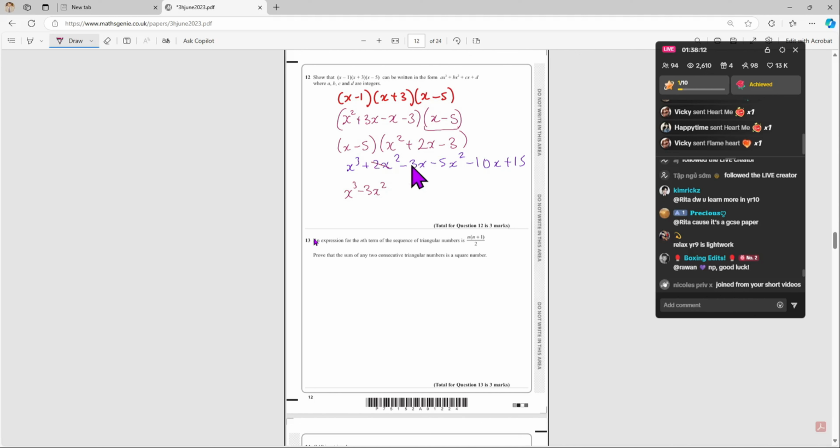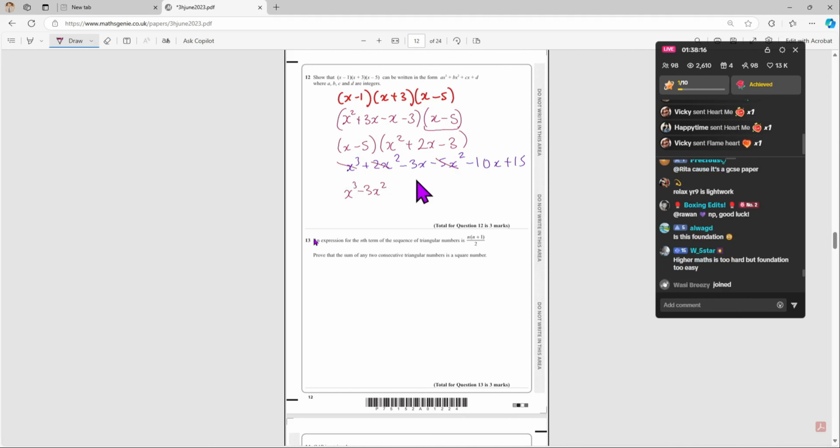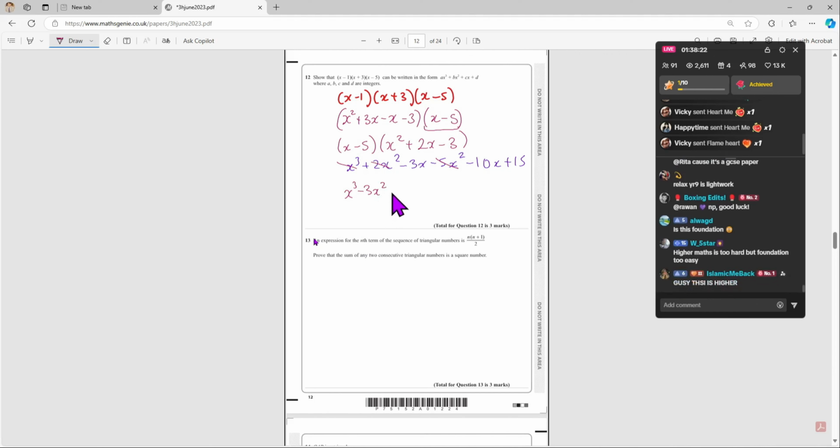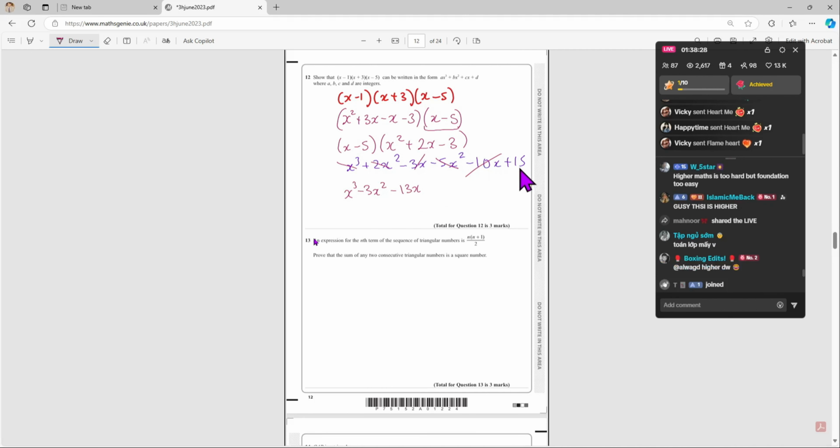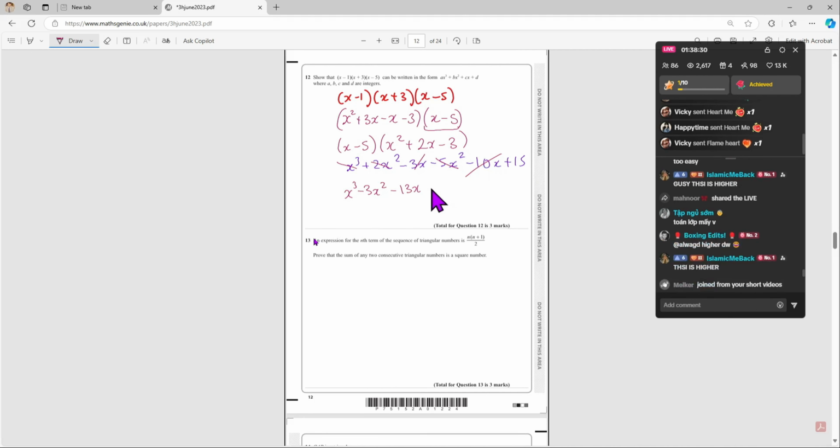Okay, so we expanded these two out, so I'm going to cross these out. Now we are left with minus 3x minus 10x. So negative 3x subtract negative 10x, we're going to get minus 13x. So then we're going to cross them out. And then finally we're left with our plus 15.